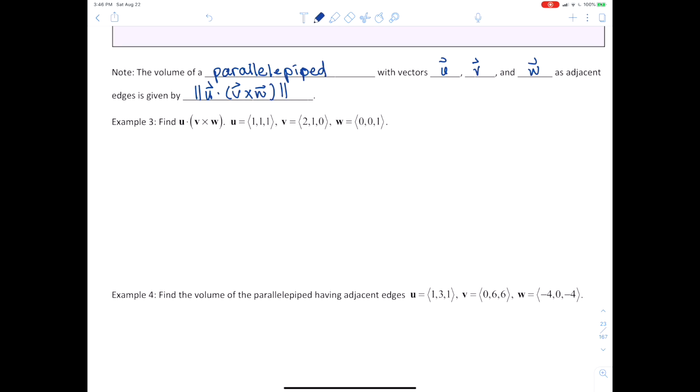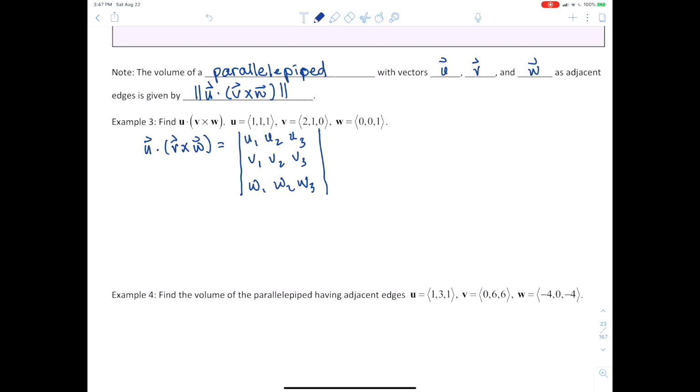So here, remember in general, U dot V cross W is equal to what? U1, U2, U3, V1, V2, V3, W1, W2, W3, and we're finding the determinant of that.